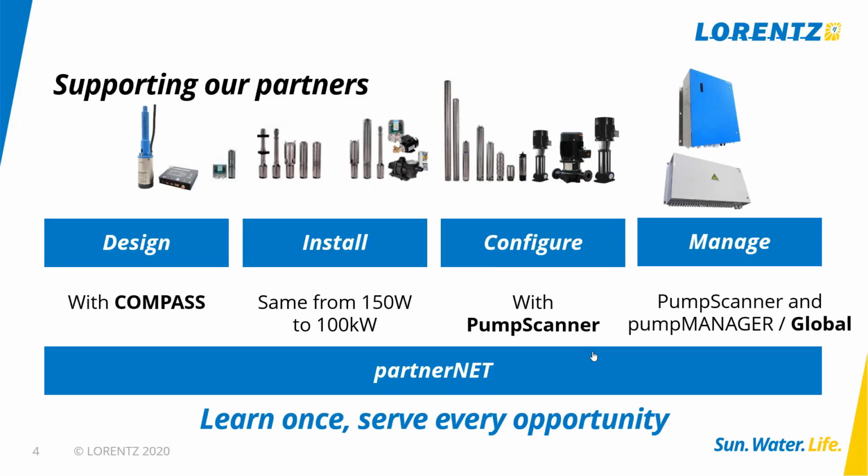One thing our partners have in common, though, is they use our infrastructure called PartnerNet to get access to information and tools. Access to Compass is gained through PartnerNet, and I'll come back to this towards the end of the presentation if you don't have Compass already, and talk about how we can get that.